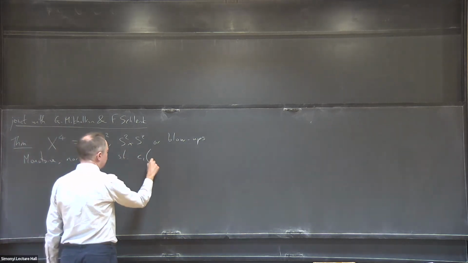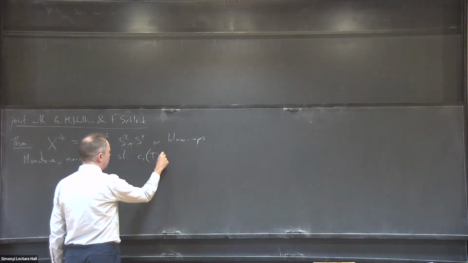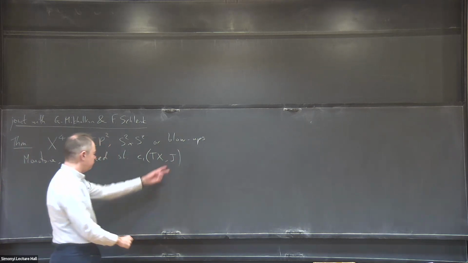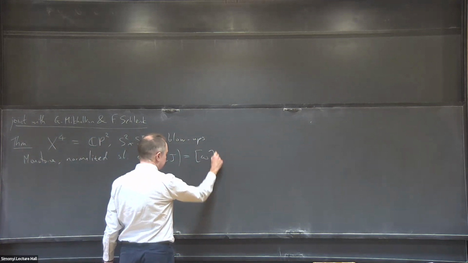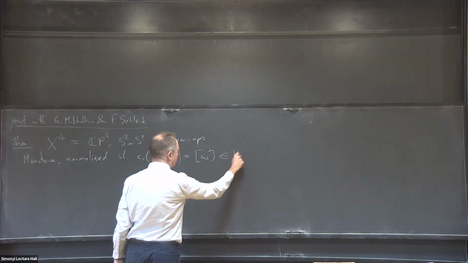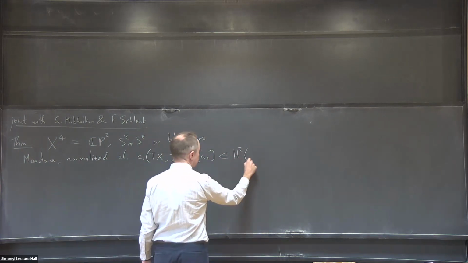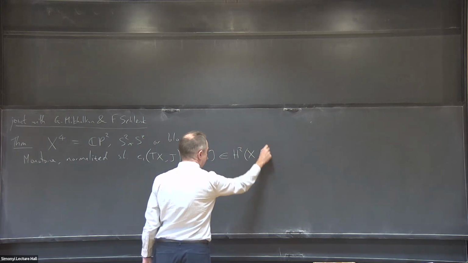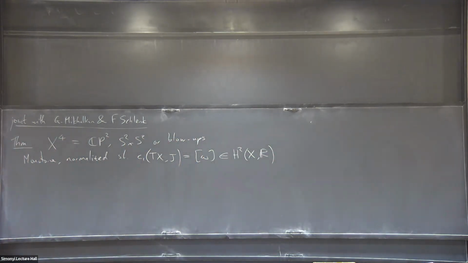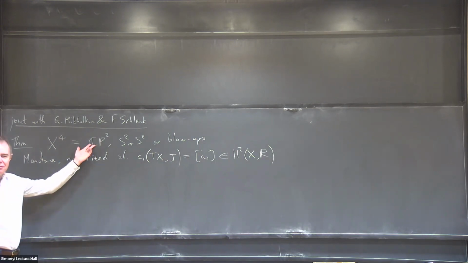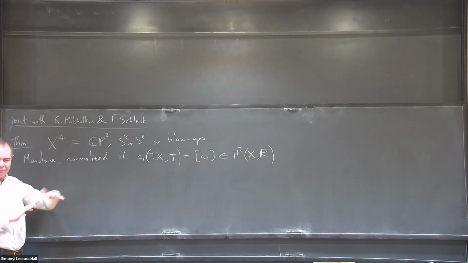So if you take the Chern class of any compatible almost complex structure, this is equal to the symplectic form as a cohomology class. So in particular, if it's CP2, then lines have area 3.